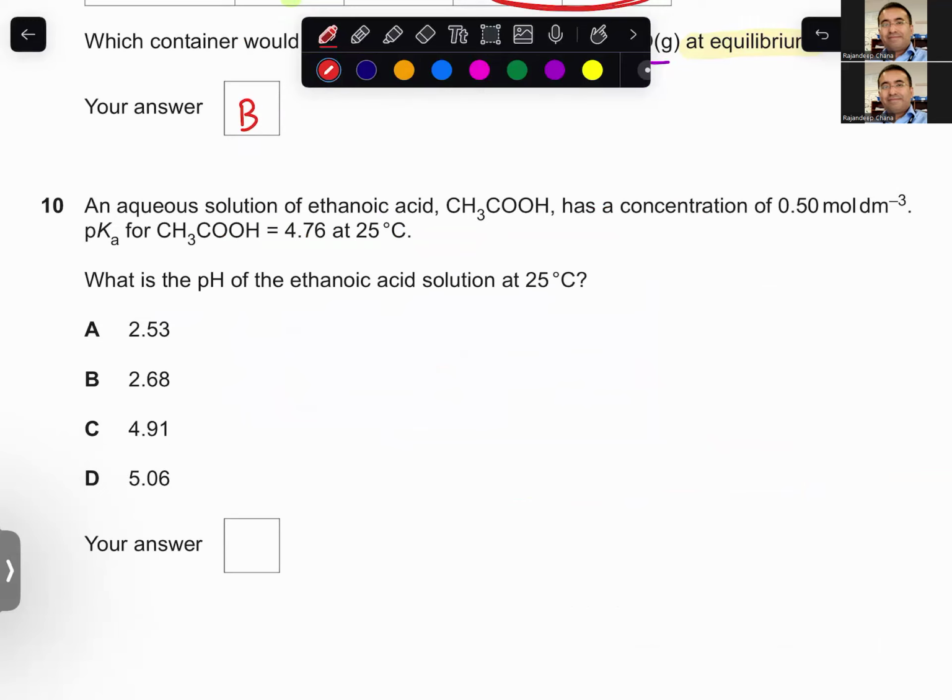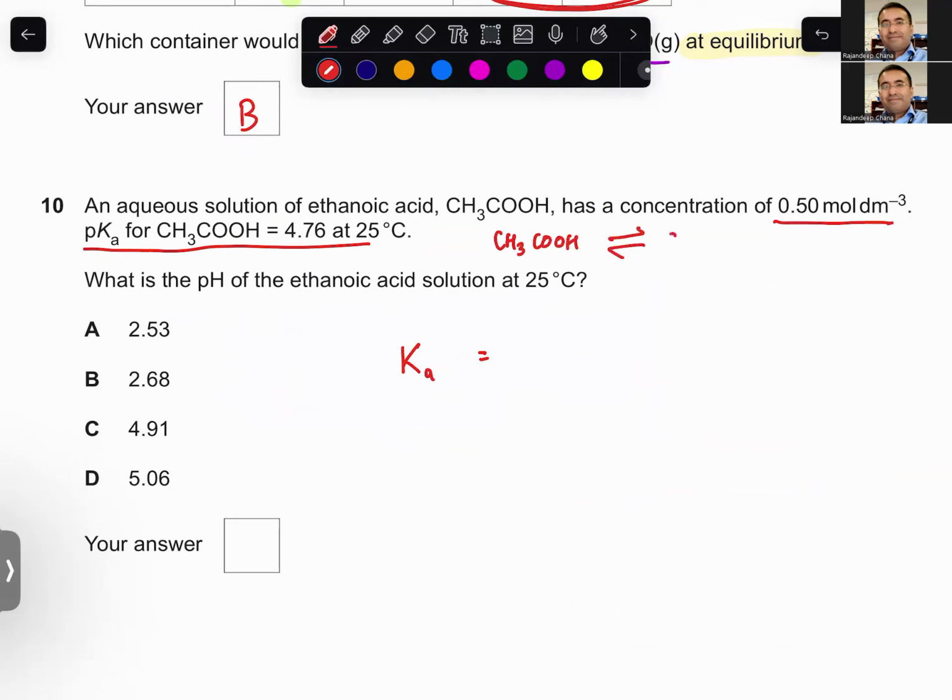An aqueous solution of ethanoic acid is given. You've got the concentration. You've got the pKa value. What is the pH of ethanoic acid at that temperature? So Ka is equal to, first of all, let's write the expression CH3COOH.